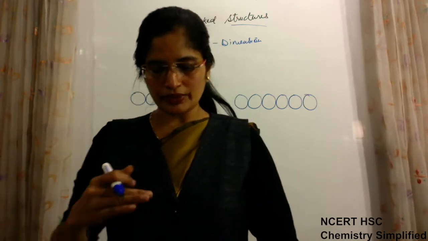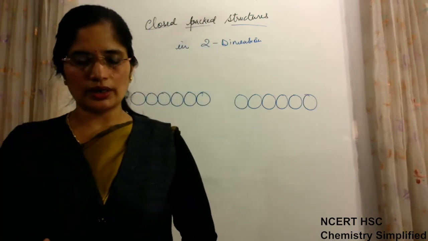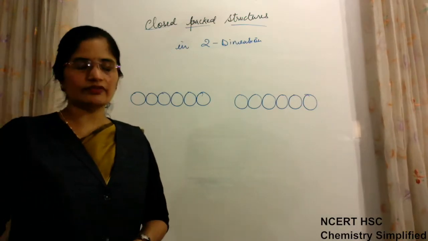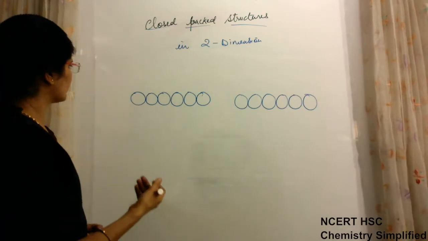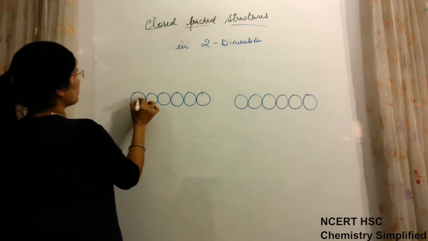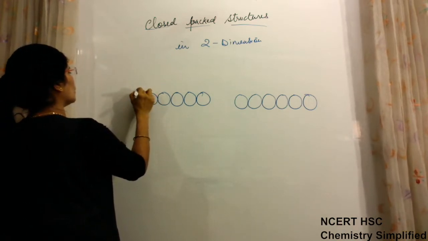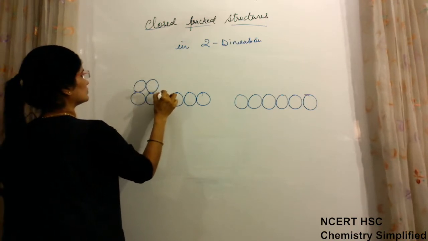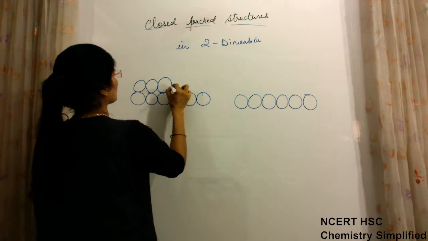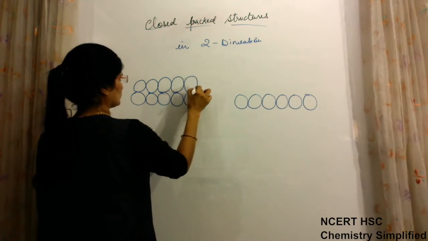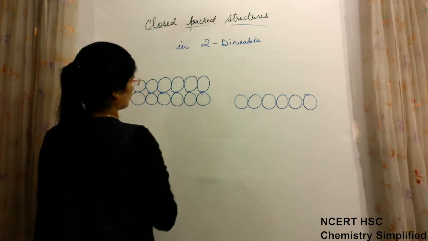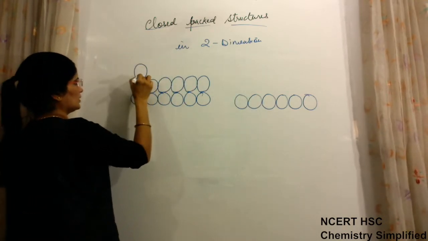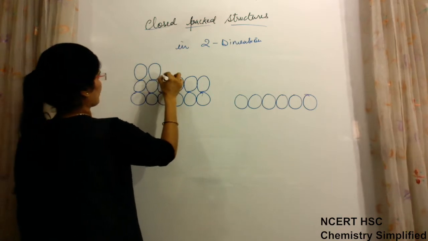When on a row we keep another row at the top, it becomes a two-dimensional structure, when firstly it was in only one dimension. Now if I place the second layer exactly above the first one, one more layer, let me keep 1, 2.